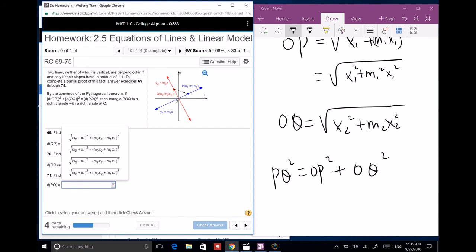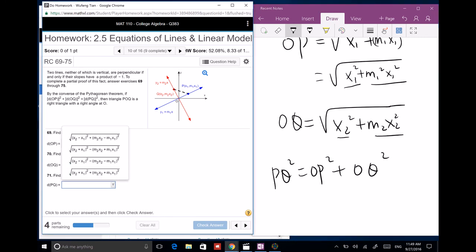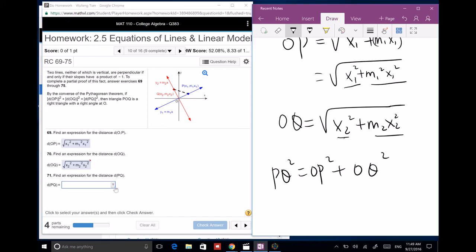OP squared is x1 squared plus m1 x1 squared, plus x2 squared plus m2 x2 squared. Let me see which one gives you that.